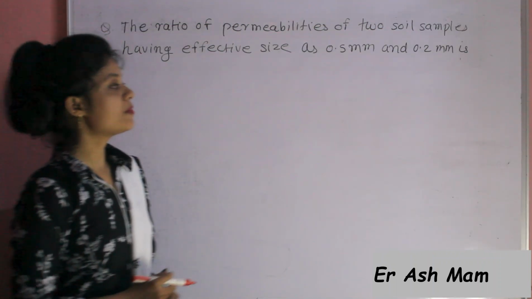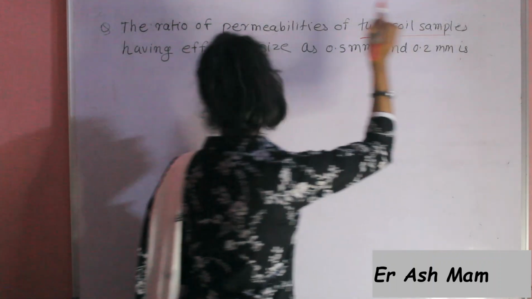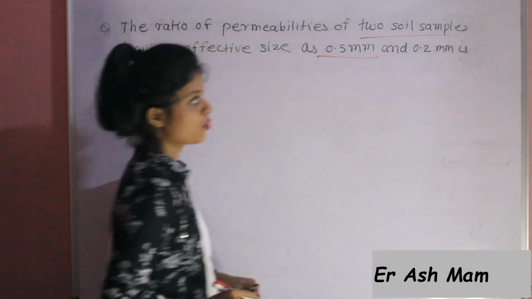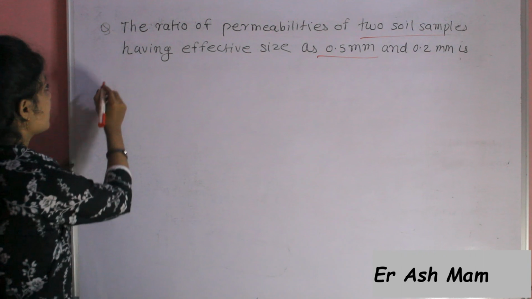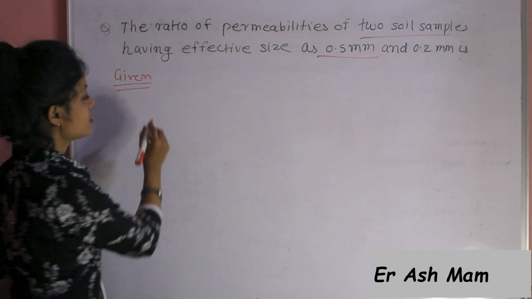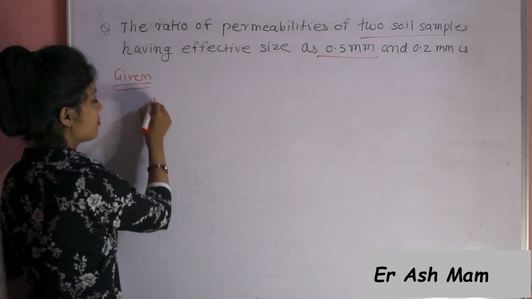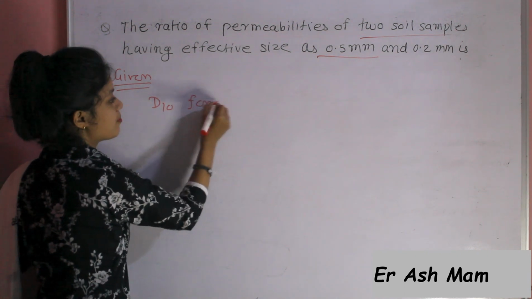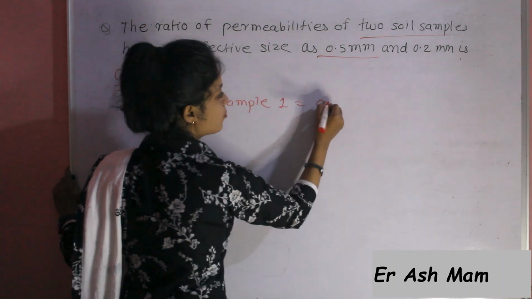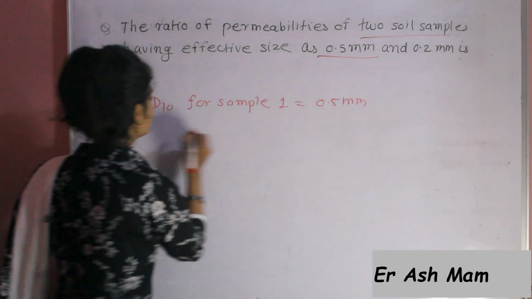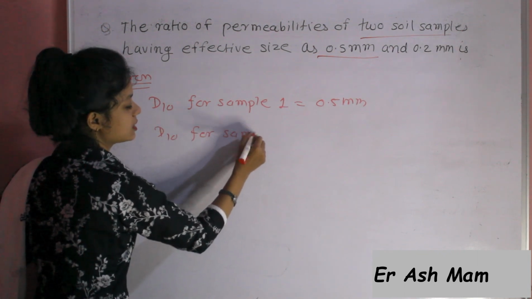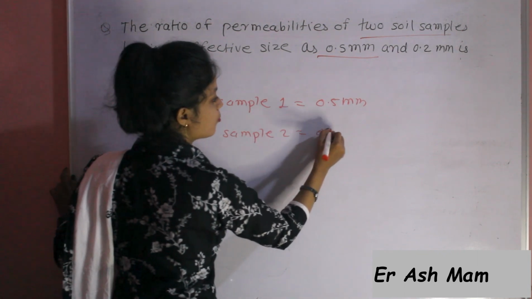The ratio of permeabilities of two soil samples having effective size as 0.5 mm and 0.2 mm is. Okay, what is given? Effective size for two samples. That means D10 for sample 1 equal to 0.5 mm, and that of sample 2 equal to 0.2 mm.